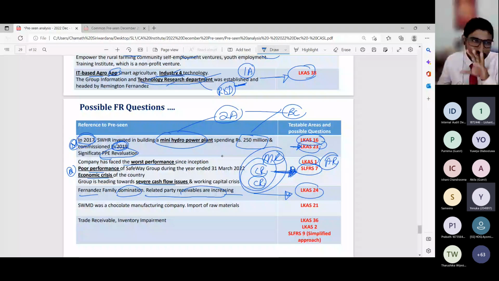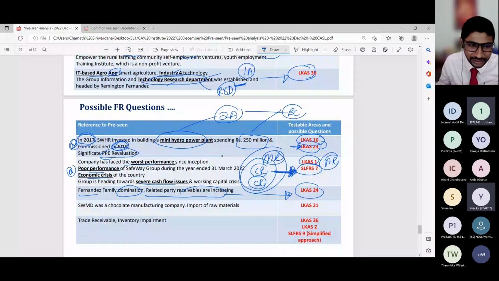The board balance is also a concern, as the independent non-executive directors are not adequately there for the subsidiaries. So the domination is there. Whatever Stephen and other family members are dominating the business, of course, there might be a question from LKS 24.